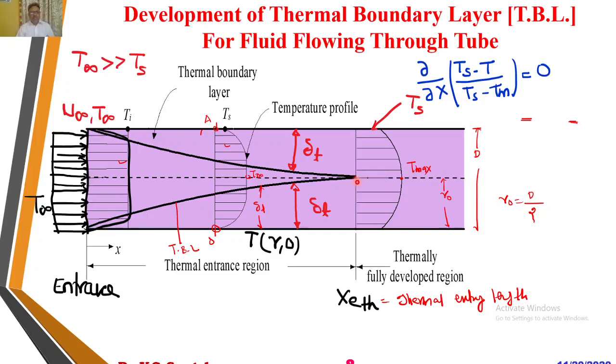So the region from the inlet of the tube at which thermal boundary layer is developing and meets at the center line is called the thermal entrance region, and the length of this thermal entrance region is called the thermal entry length, represented by Xc suffix Th.